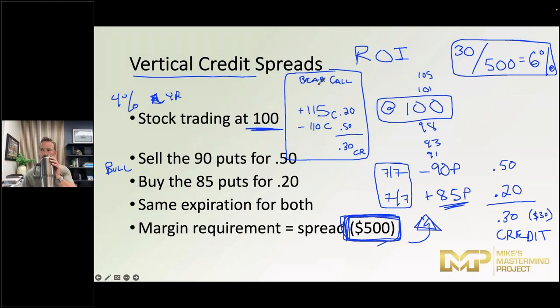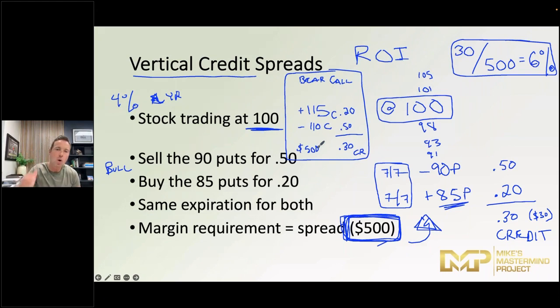What's our margin requirement there? Did Heather get it? I'm showing it on the camera. 500. It would be if it was all by itself, right? If we just traded this spread by itself, there would be a $500 margin requirement. But if we're doing both together, it's 0.